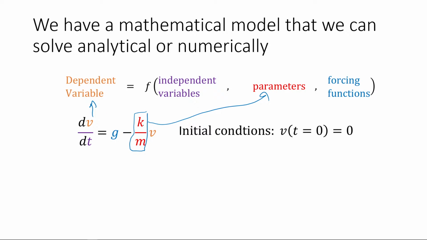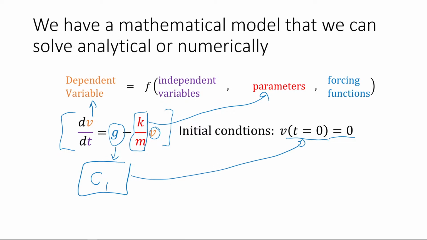This is again my dependent variable, and these are my forcing. My forcing here will be acceleration due to gravity. And it is subject to an initial condition, like the velocity at time zero being equal to zero or something like this. Because remember, when you solve this differential equation analytically, you will have a constant, and for this constant you need an initial or boundary condition to find it. So this is my initial condition.